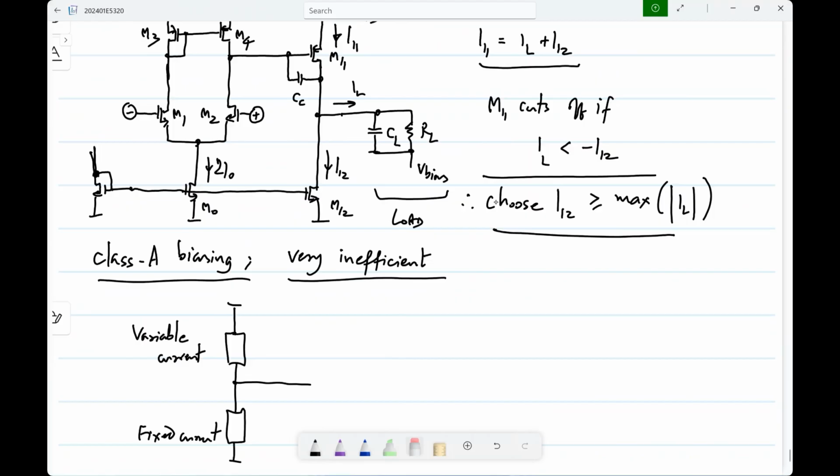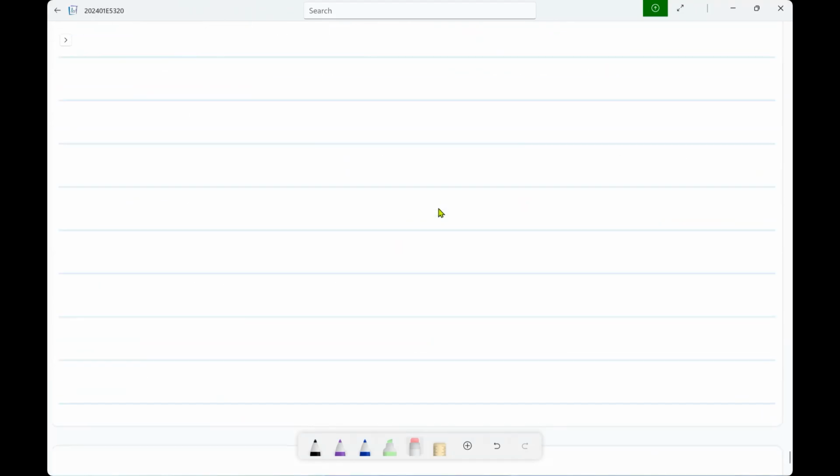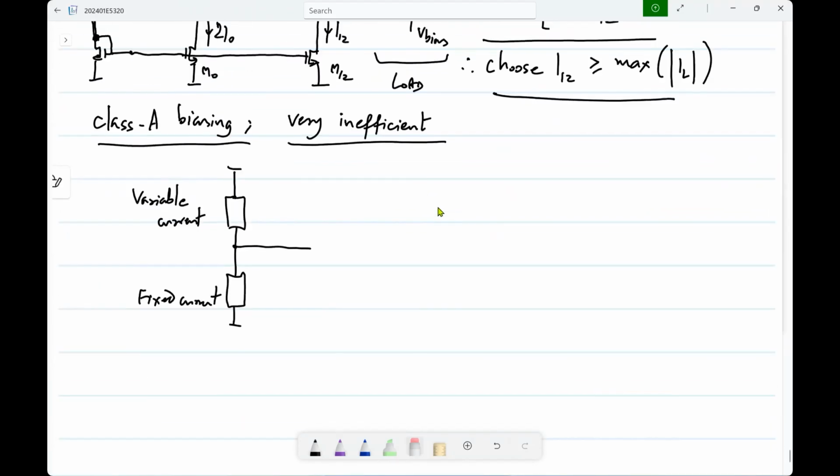Both the upper current and the lower current have to be signal dependent. Okay. So this is basically what is class A, and it's limited on one side.